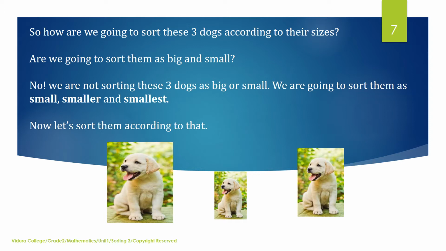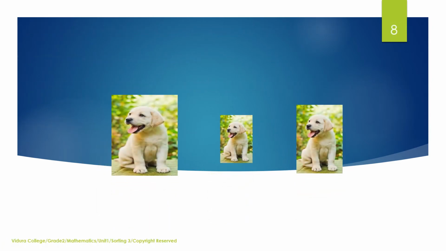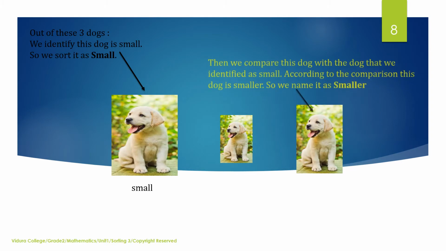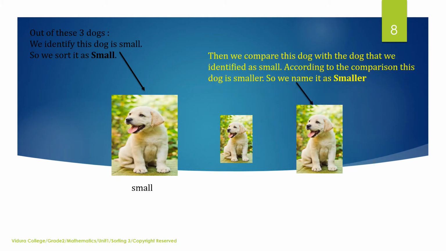Now, let's sort them according to that. Out of these 3 dogs, we identify this dog is small. So, we sort it as small. Then, we compare this dog with the dog that we identified as small.